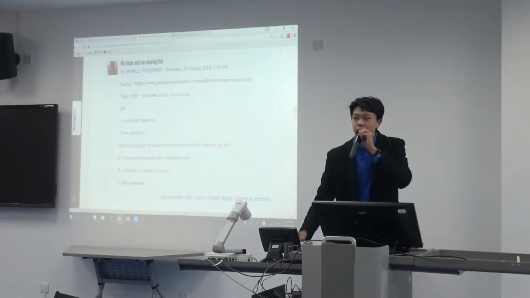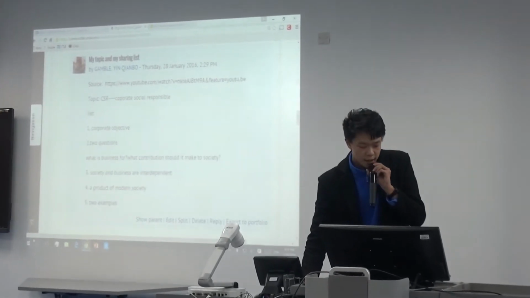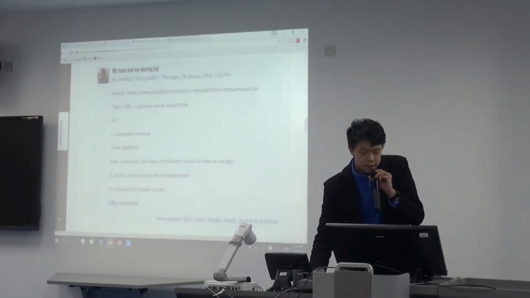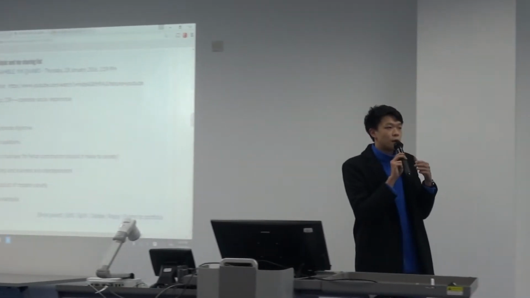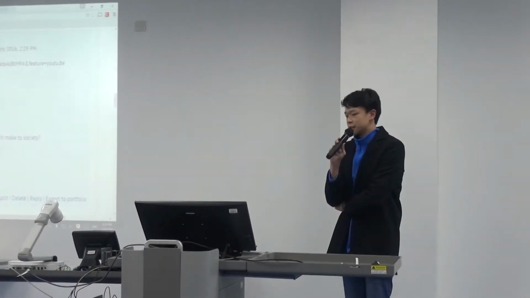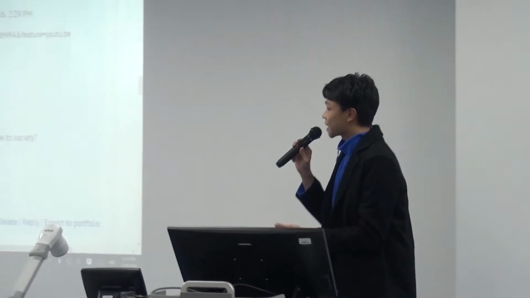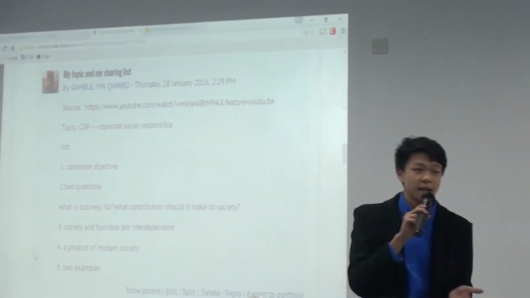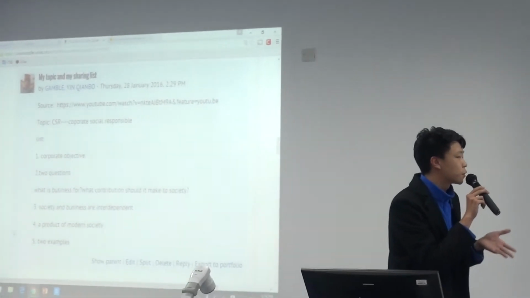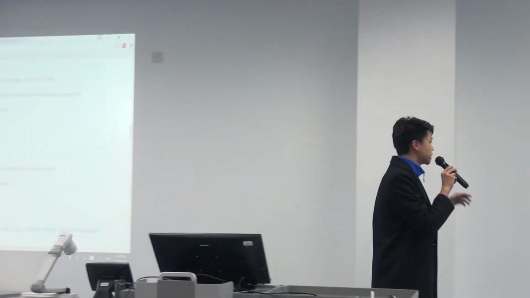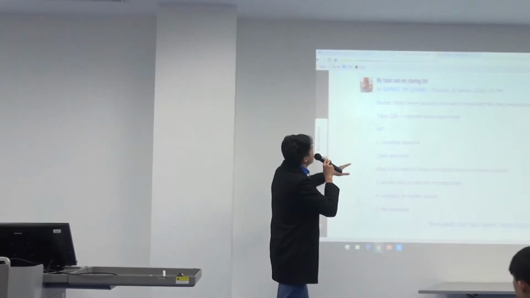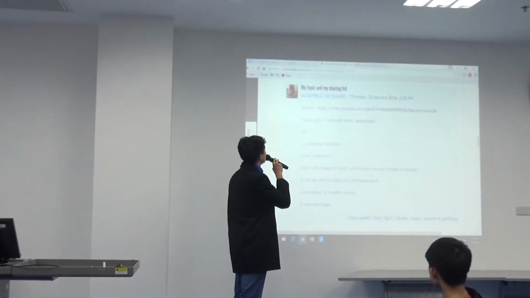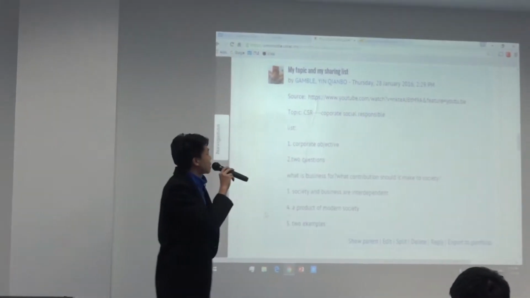This is an example of a company doing something for society. It affects the company, and it's making something good for Indian society, and even for the world. This is a really good example of corporate social responsibility, which is CSR.